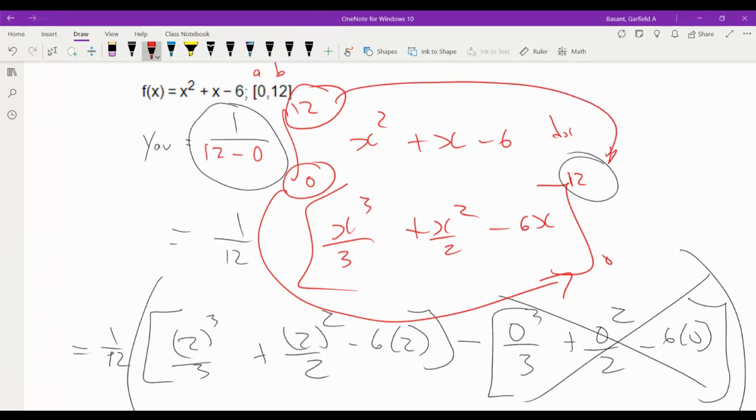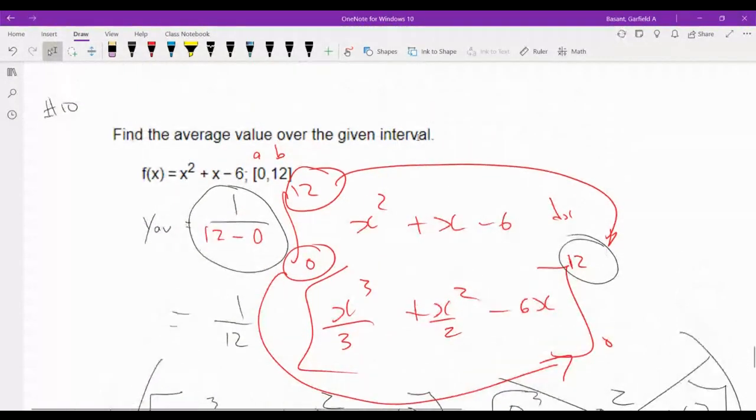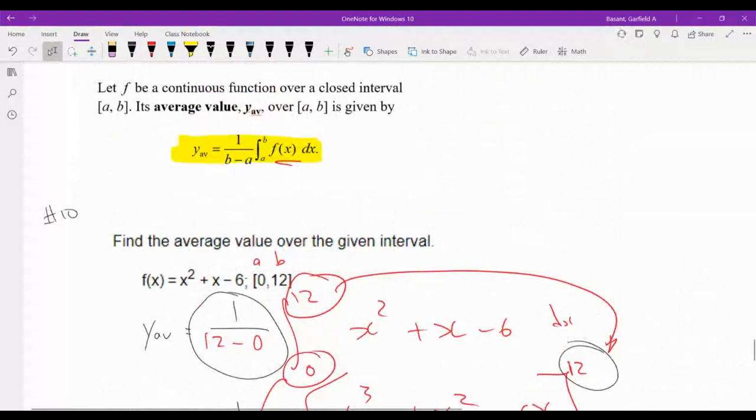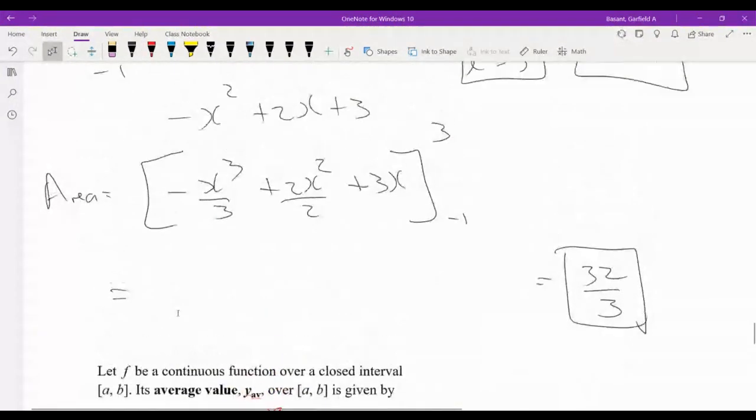All right. Because that's what we always evaluate with the upper and the lower limit. It's the same A and B, right? This was our B, which was 12, and our A is 0. And this is our A, which is 0 and 12. So it's the same A and B, and it's the same thing I've been doing all the time.